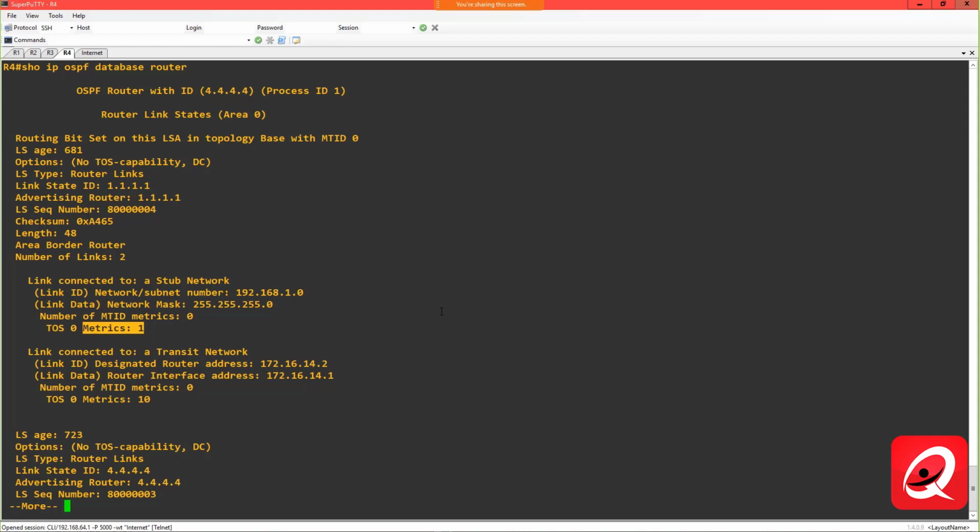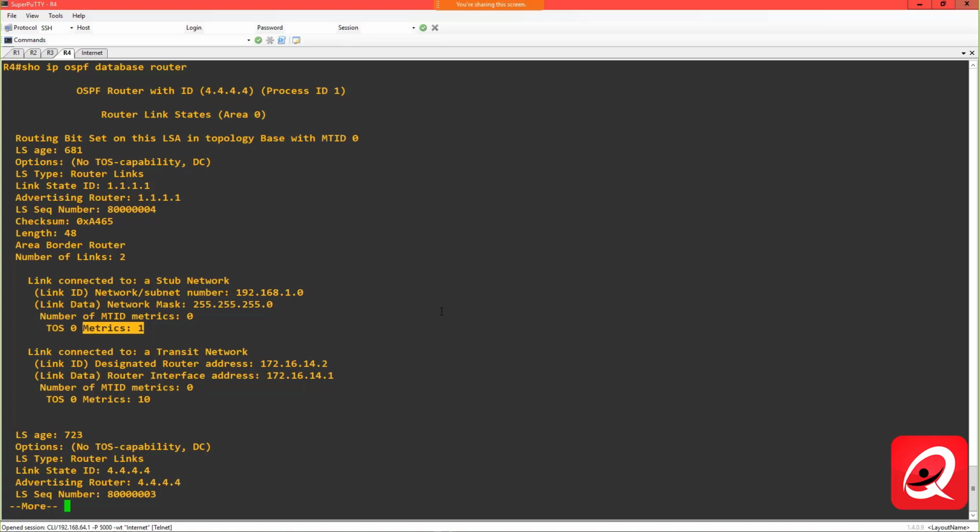The problem is that reference bandwidth of 10 to the power of 8 is essentially Fast Ethernet. So anything that's going to have Fast Ethernet or above is going to end up having the same overall path cost.